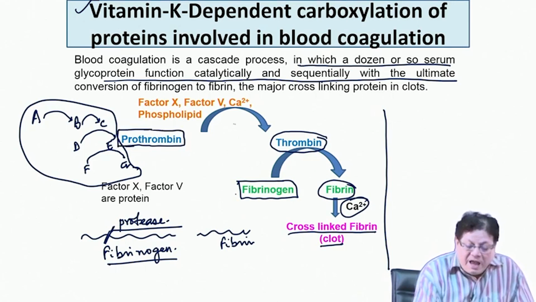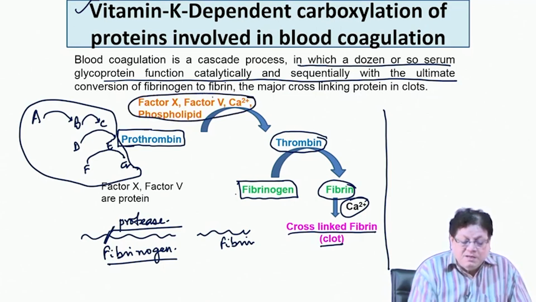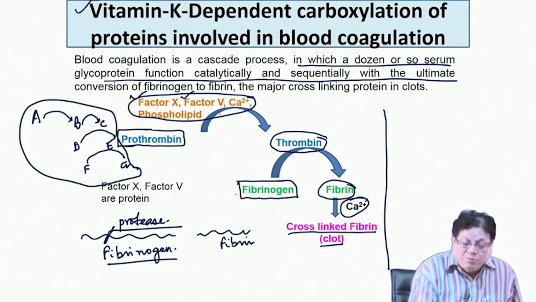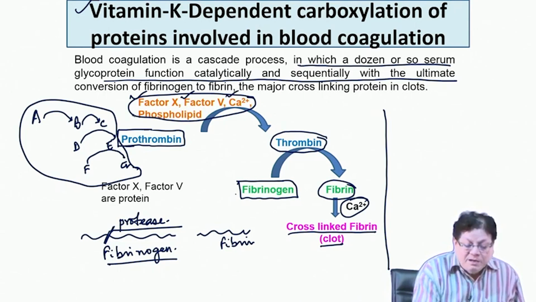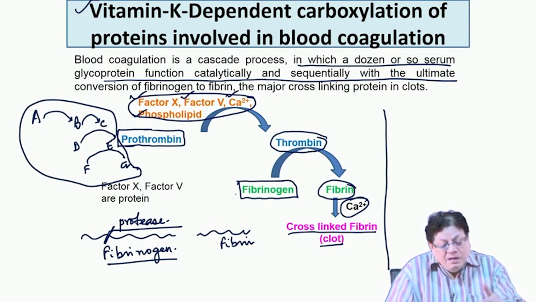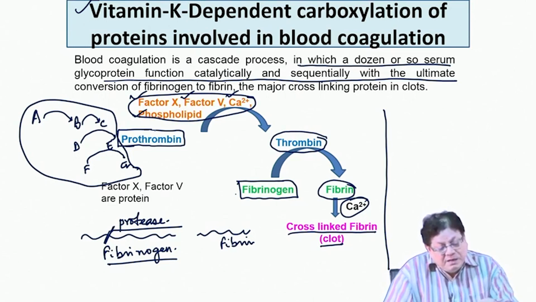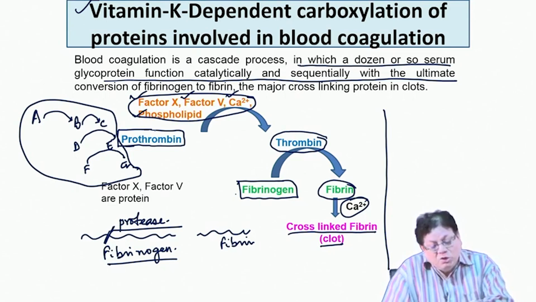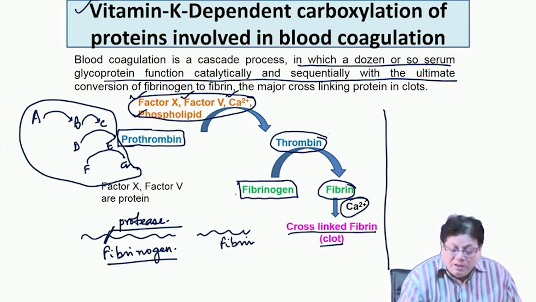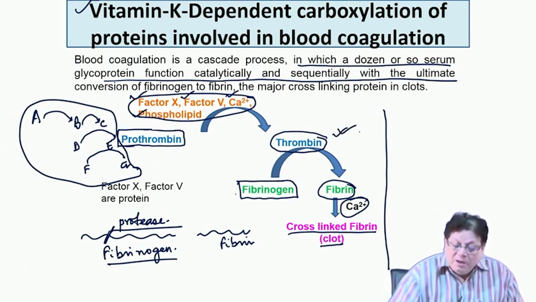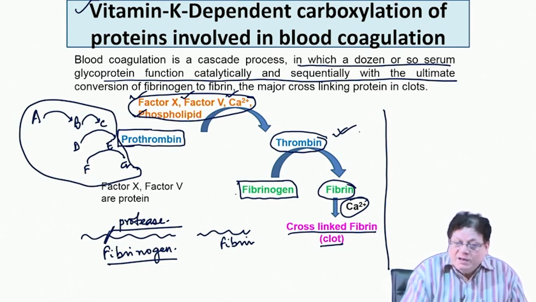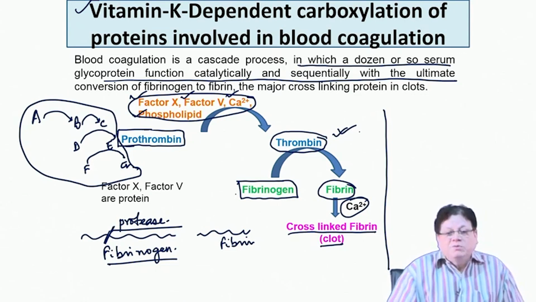Prothrombin, by the action of many species, like factor 10 and factor 5, which are also glycoproteins, along with calcium and phospholipid, goes to thrombin, the actual enzyme which catalyzes the conversion of fibrinogen to fibrin.